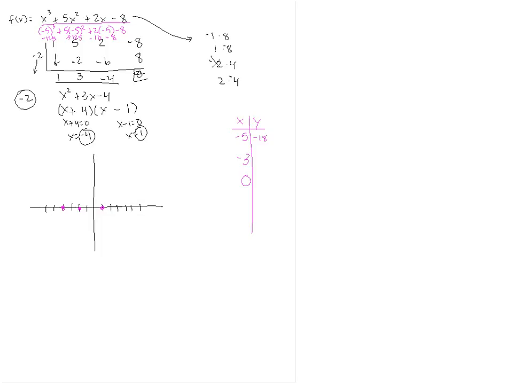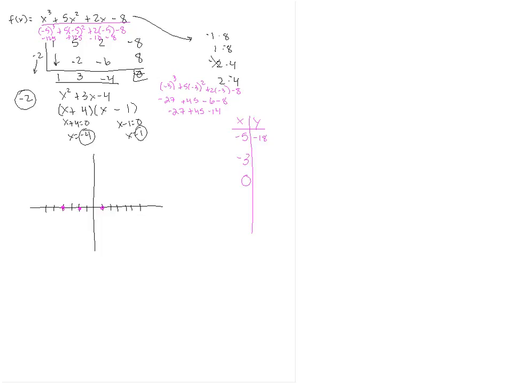All right, I'm going to plug in a negative 3. I'm going to do it right here. Negative 3 cubed plus 5 times negative 3 squared plus 2 times negative 3 minus 8. It's going to give me negative 27. 9 times 5 is positive 45, minus 6, minus 8. So negative 27 plus 45 minus 14.